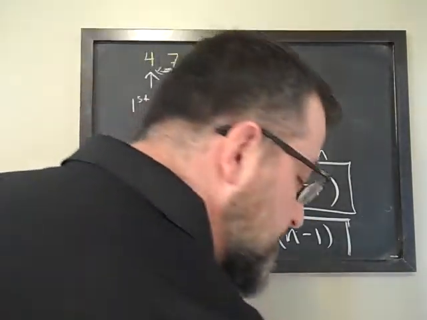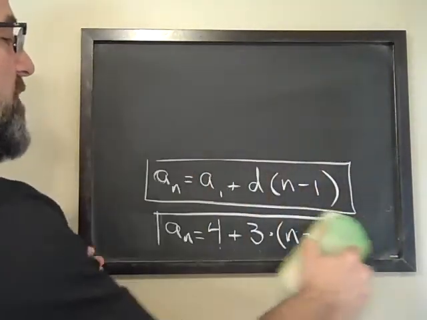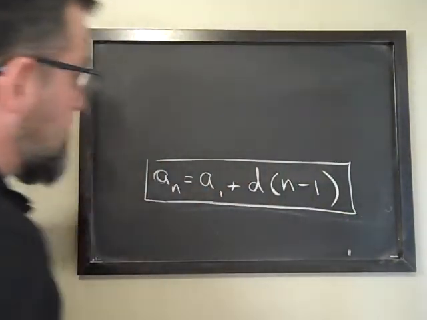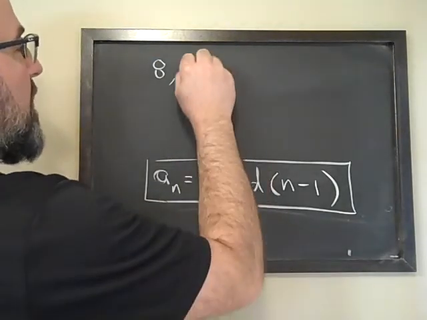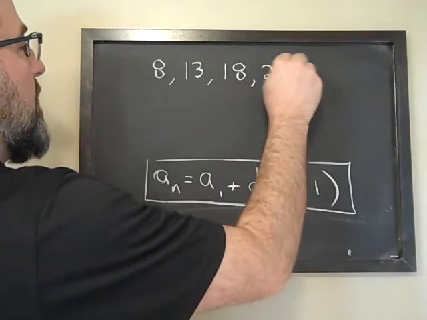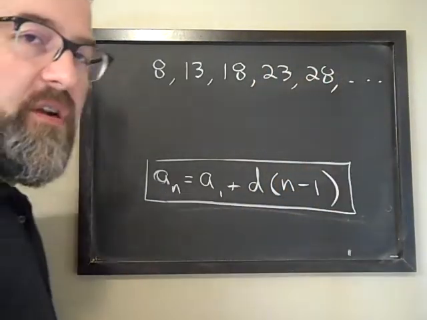There it is. So, if we wanted to put that to work for us for some random sequence, let's make one up. Let's start with 8, and let's say we've got 13, then 18, then 23, then 28, and that sequence goes on.